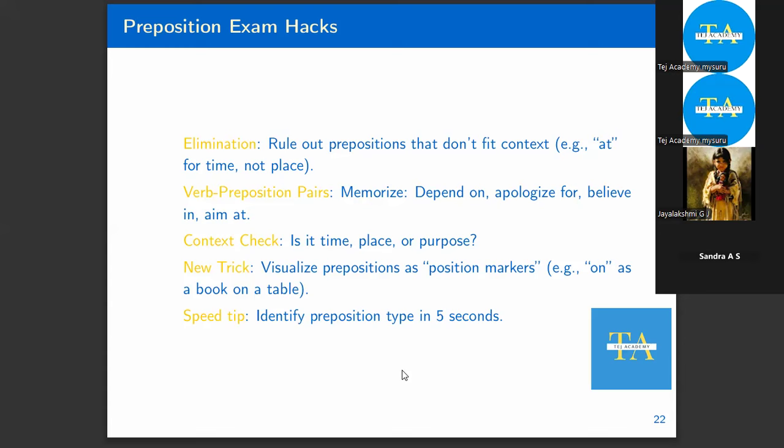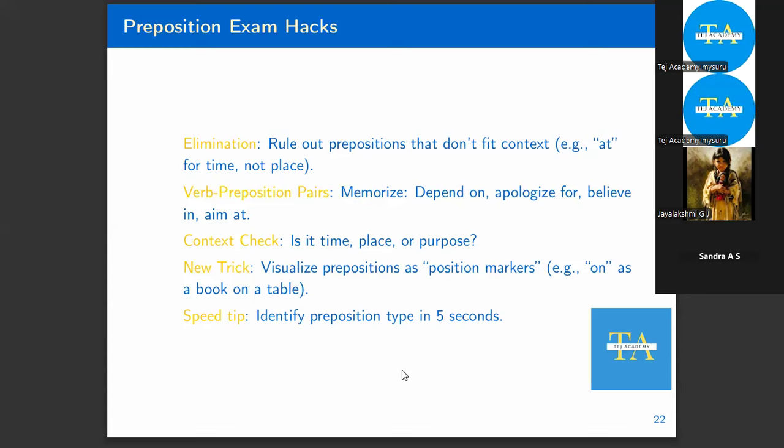And verb-preposition pairs, memorize: depend on, apologize for, believe in, aim at. These are verb-preposition pairs that, if you know them once and make a sentence out of them, I think that much is sufficient to remember what preposition they really need.